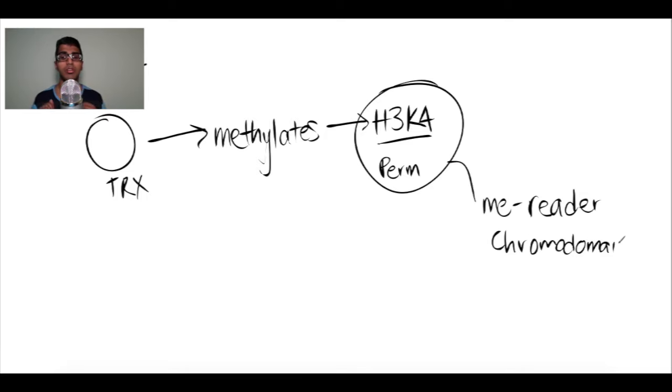The chromodomain reads this H3K4 methylated permissive mark, and what it does is it needs to remove the repressive mark, the thing that's stopping the process from occurring.